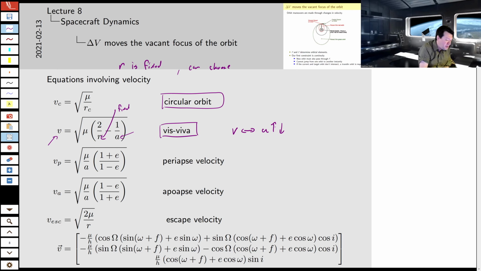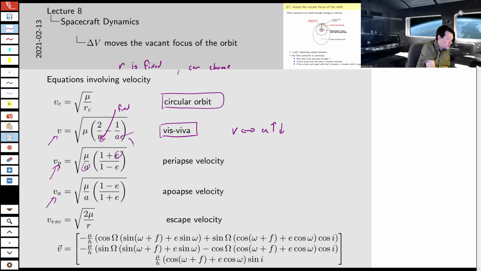However, if you make certain assumptions, for example, if you assume that your velocity change is occurring at periapse, so you increase your delta v from some circular orbit, then there's a relationship between the velocity at periapse and both a and e, regardless, in this case, of your position vector. So that's something that might be useful. Likewise, there's a closed form solution for apoapse, again, having eliminated the position vector.